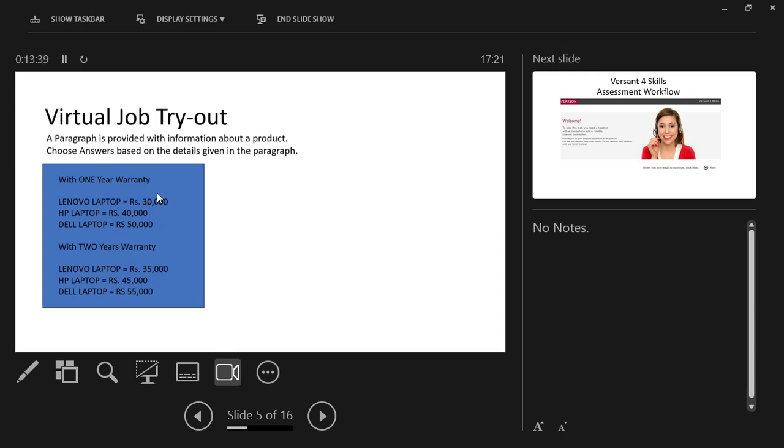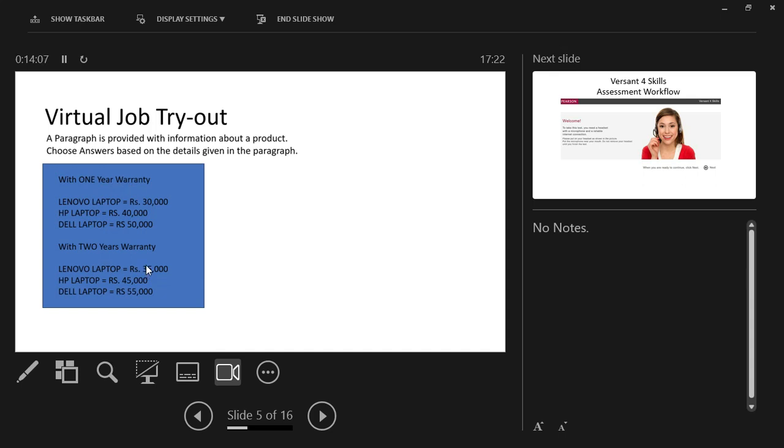So all you need to do is go through the details of the product and recommend the right option to your customer. That's it. So the key to pass the virtual job tryout is only to understand the complete information given on the product and recommend the customer based on the information given in the paragraph.